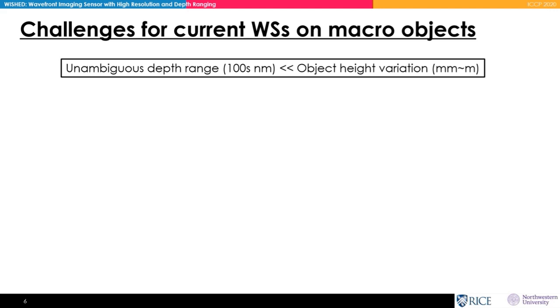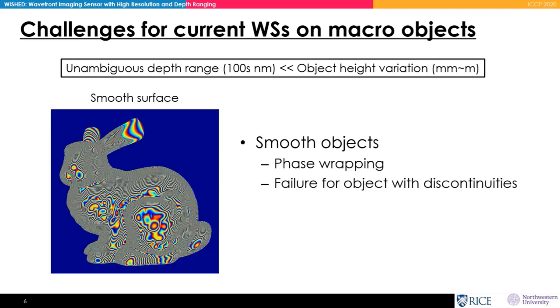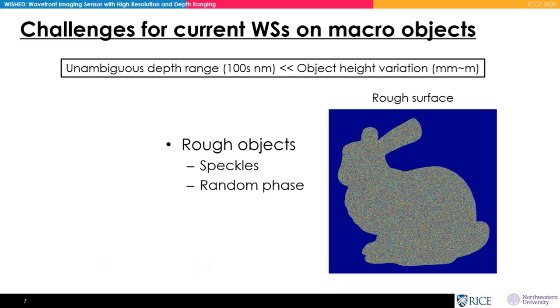For an optically smooth surface, phase unwrapping algorithms may help alleviate this issue, but typically fail for objects with discontinuity. While for an optically rough surface, it results in speckle patterns with random phase.